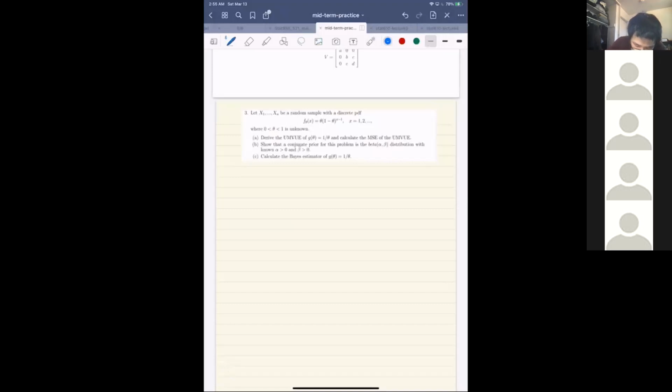Here we want to find the UMVUE of g of theta. Okay, so it's not theta. And we want to calculate the mean square error of the UMVUE.